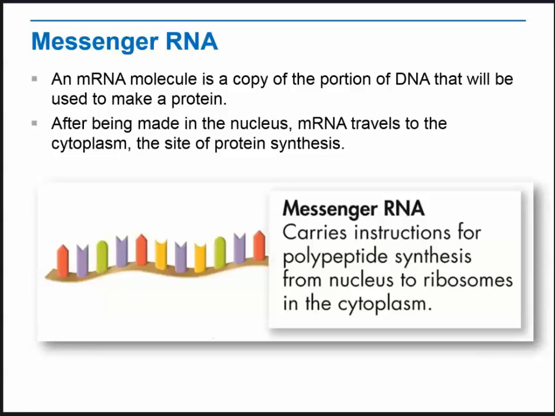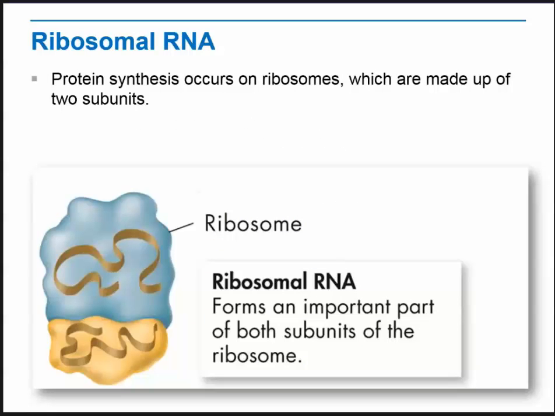Messenger RNA carries instructions for polypeptide synthesis from the nucleus to ribosomes in the cytoplasm. Now let's recall, what is a polypeptide? That is a fancy name for a protein. Polypeptides form proteins. So we're going to be making proteins. mRNA provides the instructions on how to do that. Okay, protein synthesis occurs in ribosomes, which are made up of two subunits.